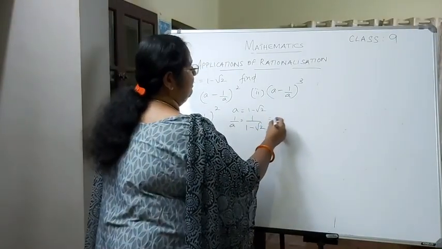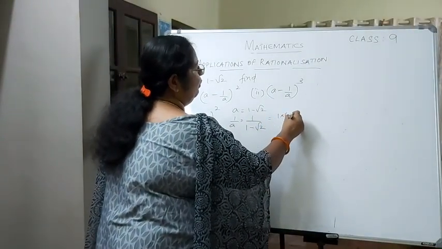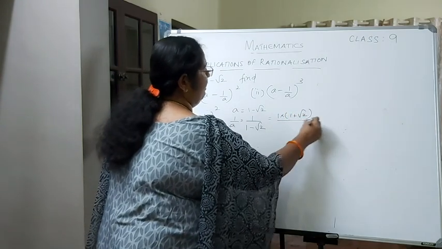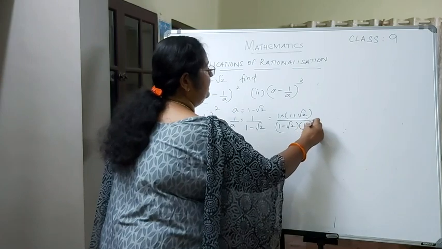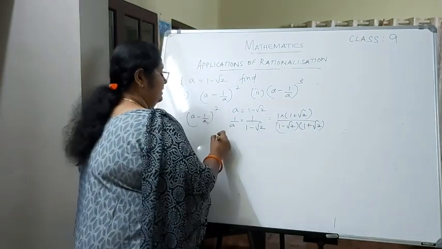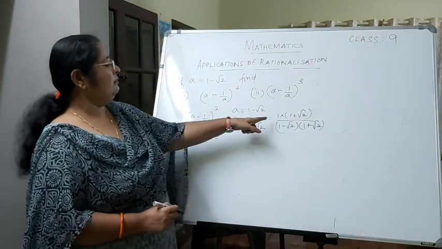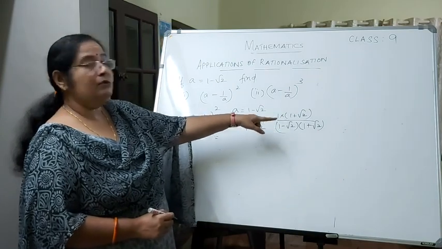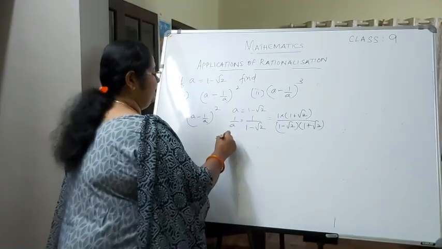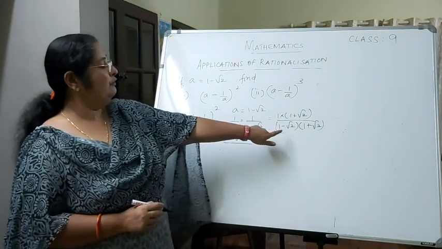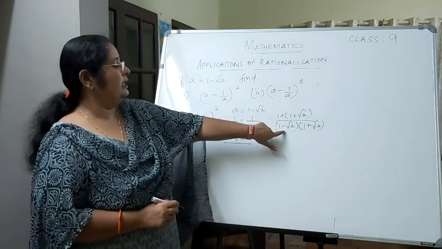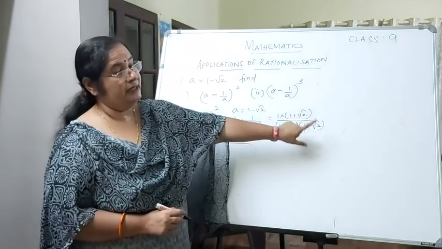So what does this become? 1 into 1 plus root 2 by 1 minus root 2 into 1 plus root 2. The numerator will be 1 plus root 2. The denominator is of which form? A plus b into a minus b, that is a square minus b square.